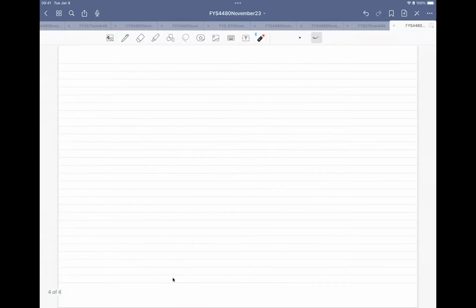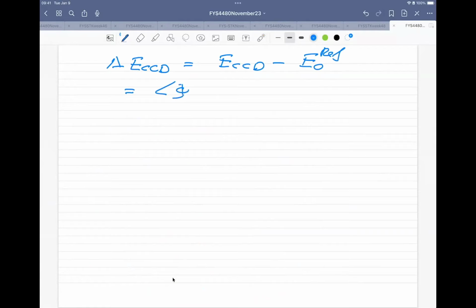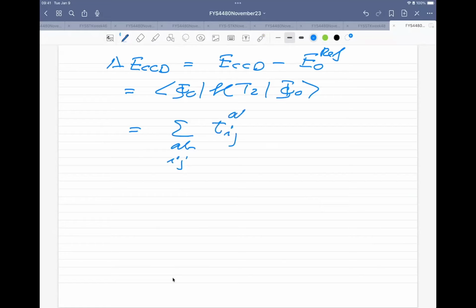So what we found then is that we could then define the delta E CCD, which is simply E, so this is roughly what we did last time, minus the reference energy, and that was equal to phi 0, and then we have the Hamiltonian of T2 of phi 0, and this is again a term which we found was exactly equal to a sum of ABij, and then we have these coefficients T_ij^AB, and this is multiplied with the integral over the two-body interaction here.